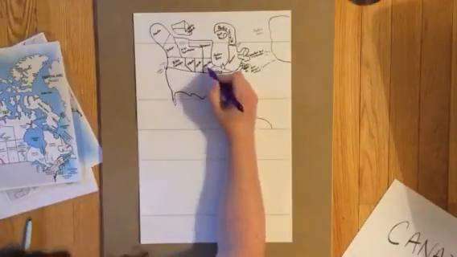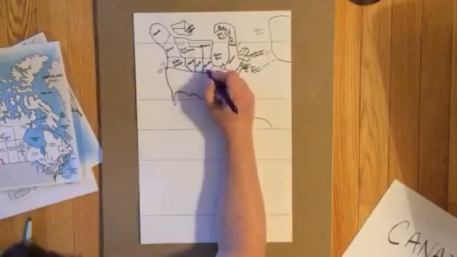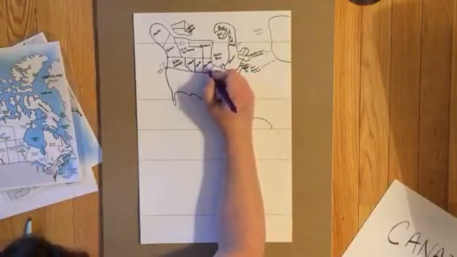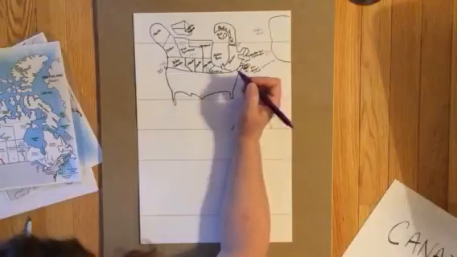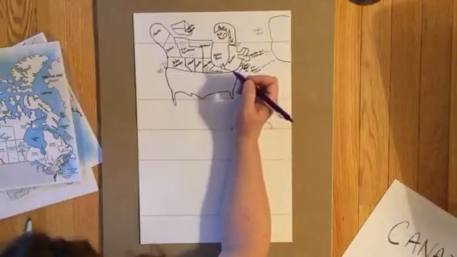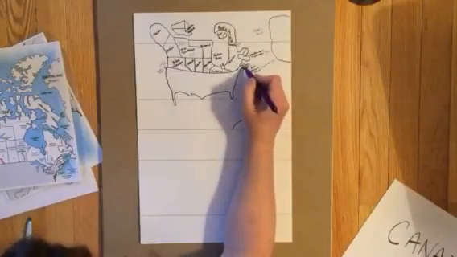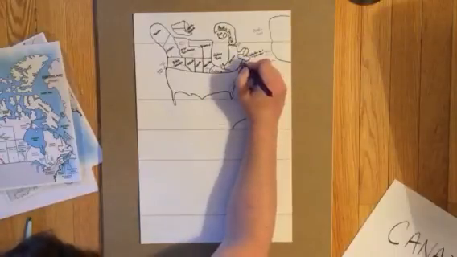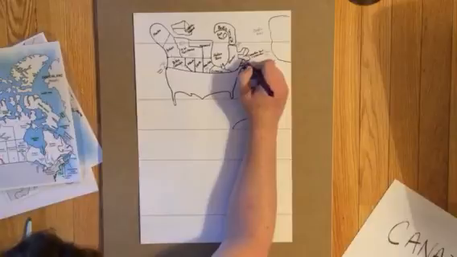In Manitoba, we have another lake here. That's Lake Winnipeg. Over here above New Brunswick, we have the Gulf of St. Lawrence.